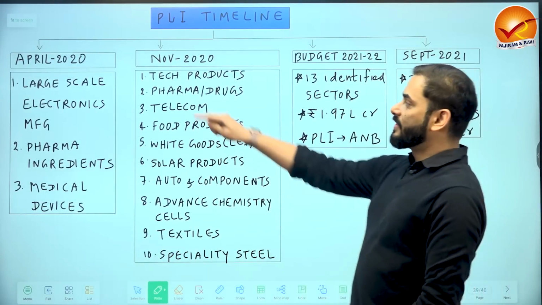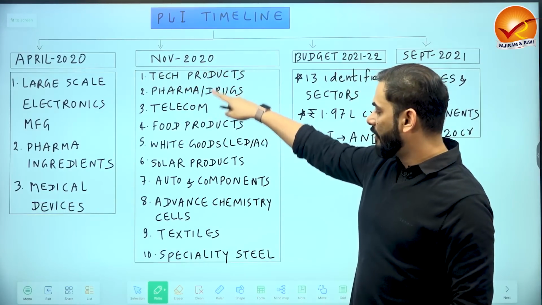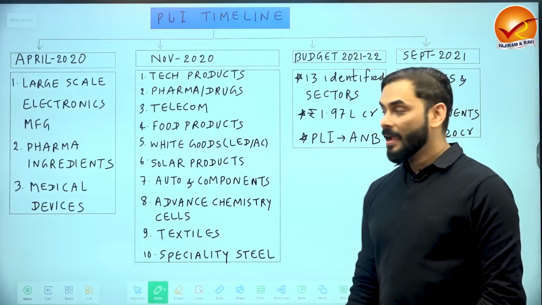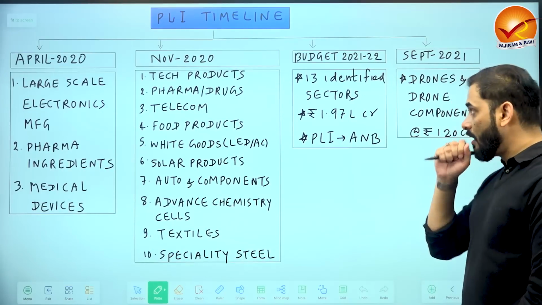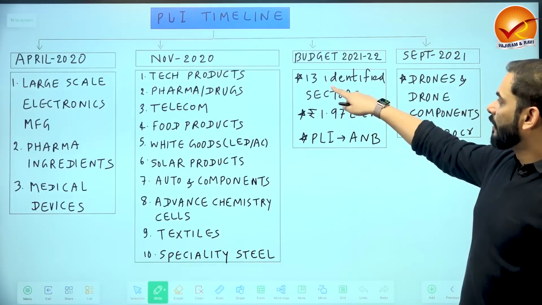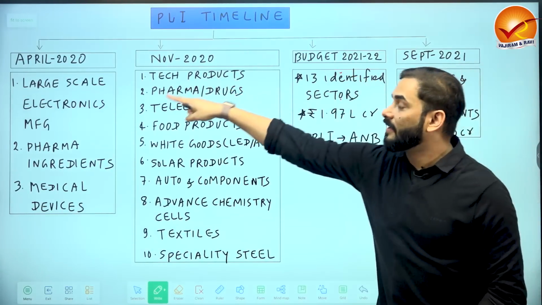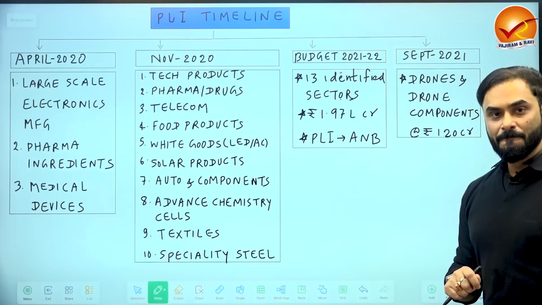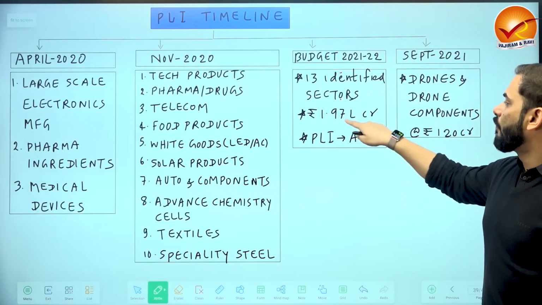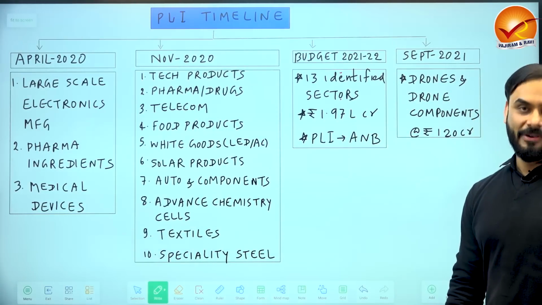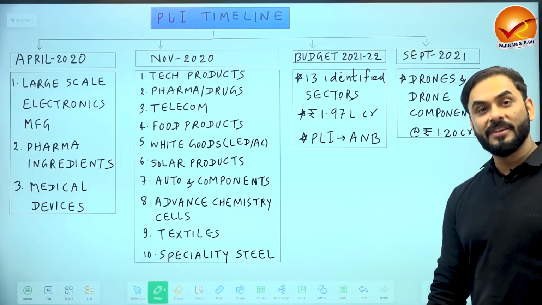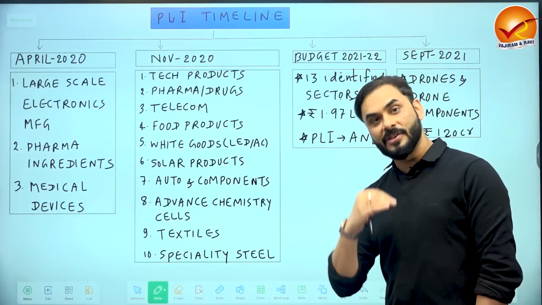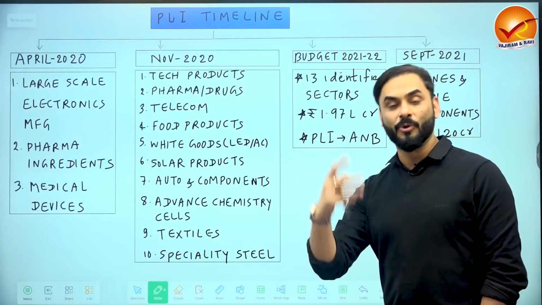In November 2020, see, after April, November 2020, the government included 10 more sectors in production linked incentive. And then in the budget 2021-22, Government of India said that these are the 13 different sectors where production linked incentives will be applied, and government allocated a fund of 1.97 lakh crores, and government said that production linked incentive scheme would be a very important part of Atmanirbhar Bharat because it is helping us to become self-sufficient and also helping us to export.